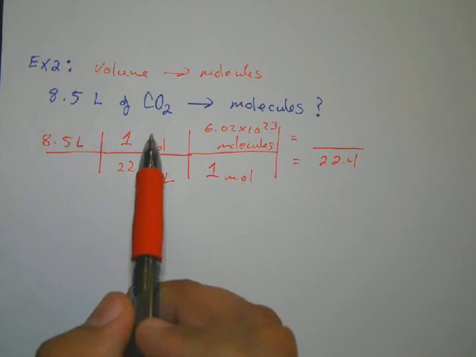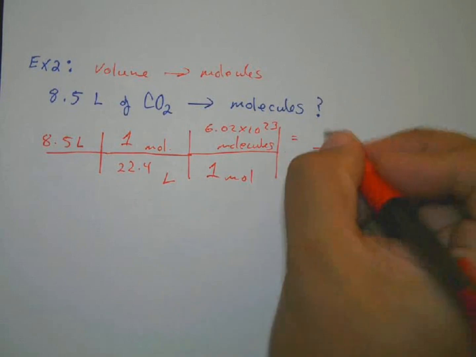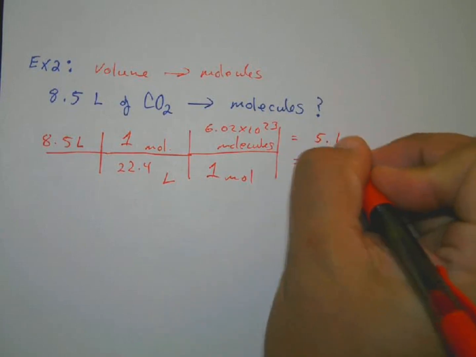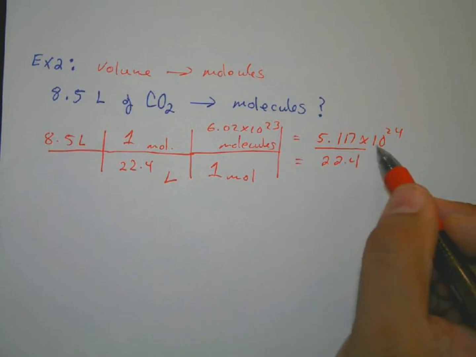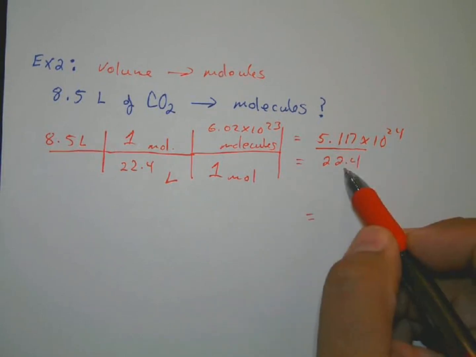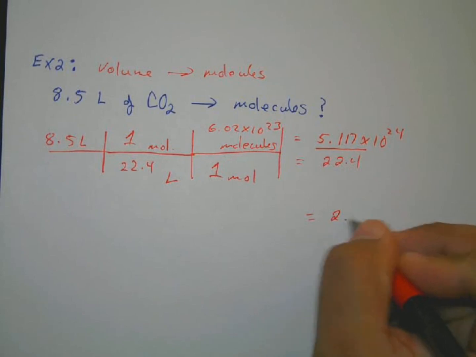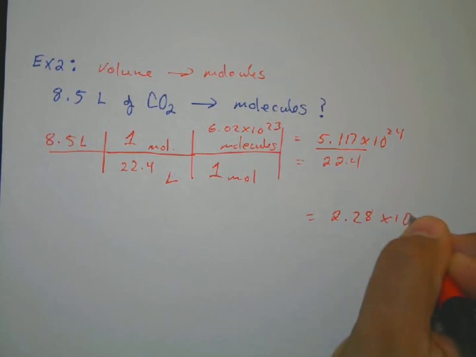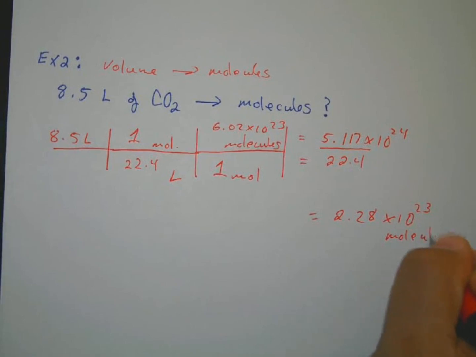So if I go 8.5 times 1 times 6.02 times 10 to the 23rd, that's going to give me 5.117 times 10 to the 24th. So if I take this number and divide it by 22.4, you're going to get 2.28 times 10 to the 23rd molecules.